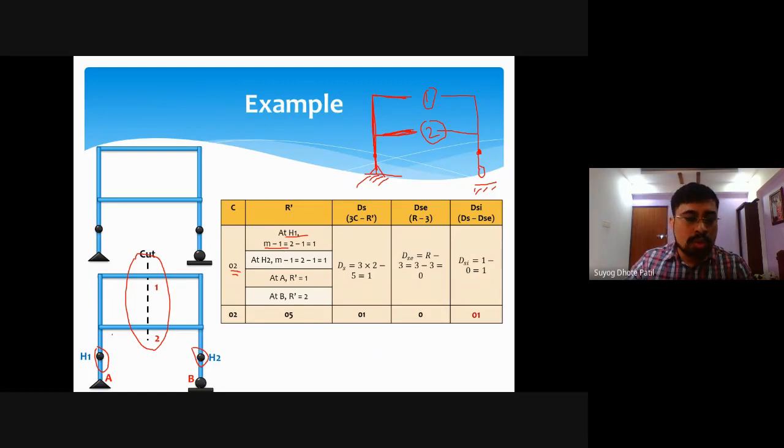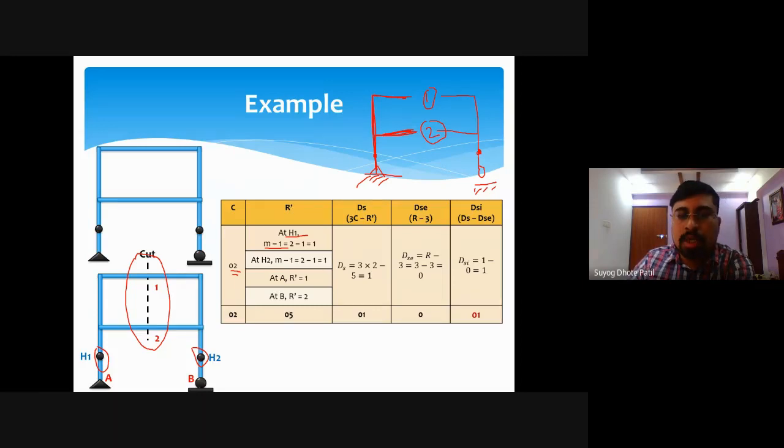At h1, this single member will be divided by the internal hinge into two parts, so 2 minus 1 will be 1. Similarly for h2, this internal hinge will again divide the whole member into two parts, so again m minus 1, 2 minus 1, will be 1. So r dash value at h1 will be 1, and r dash value at h2 will be 1.